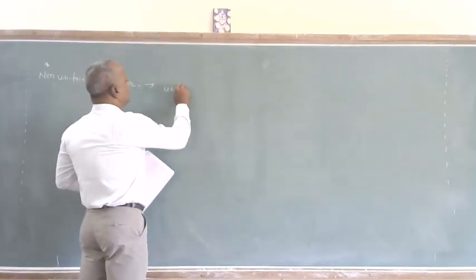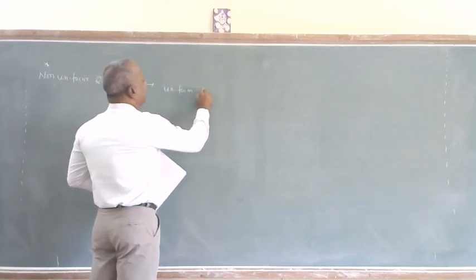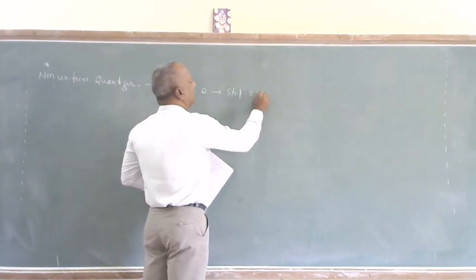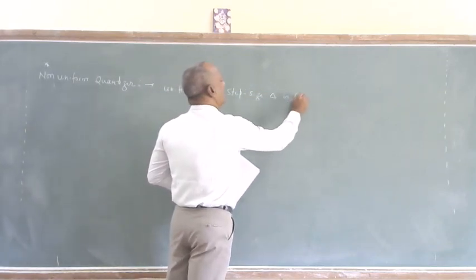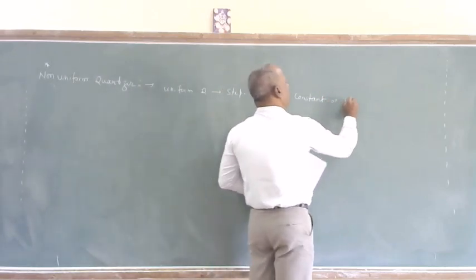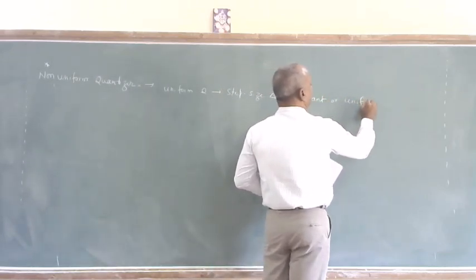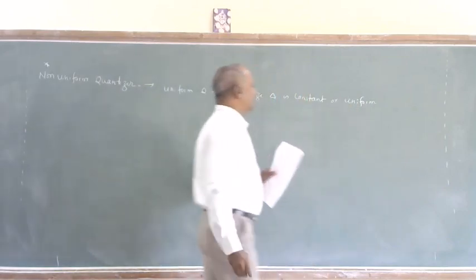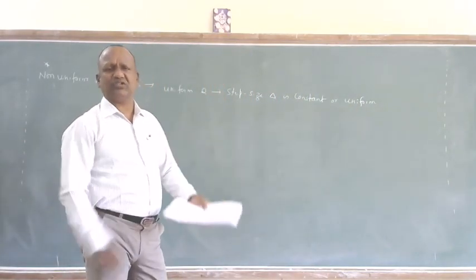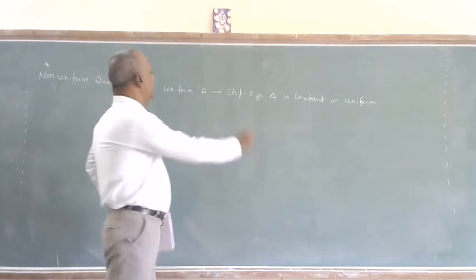Uniform means the step size delta is constant or uniform. If the step size of a quantizer is constant, then that quantizer is called a uniform quantizer.